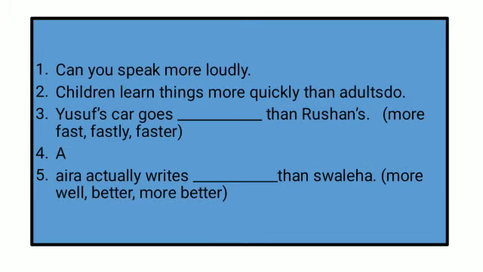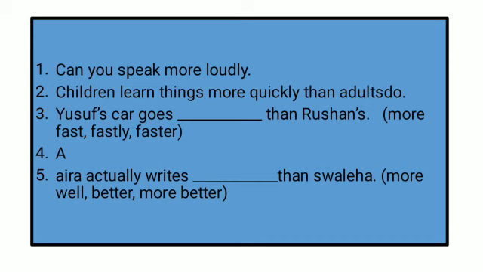The first one is: can you speak more loudly? So here the word "more" has been added to the adverb "loudly" to make it comparative degree. That is modifying the verb "speak". Can you speak more loudly?